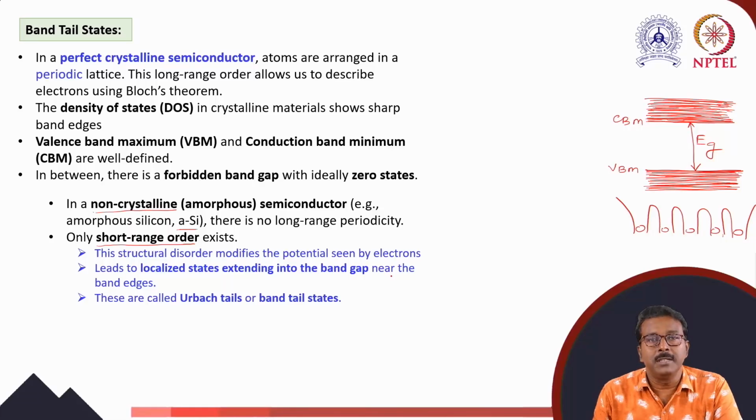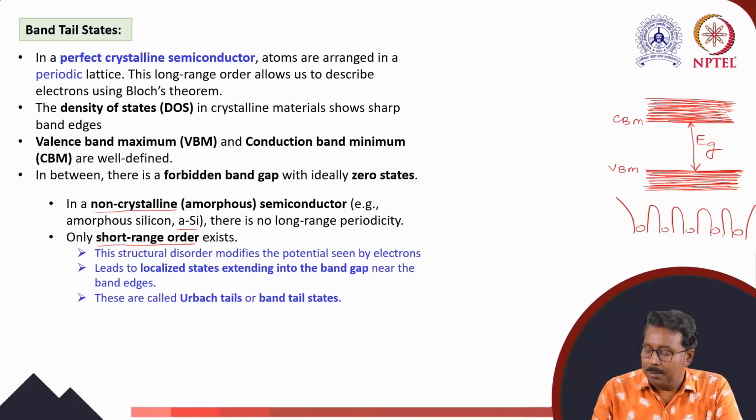Grain boundaries means you can find some region where the periodicity of atoms is present, but in a nearby region, the atomic array is also periodic but in a different direction. So these are called small grains, and they have grain boundaries. So one region and another region are separated by boundaries. This is called grain boundaries.